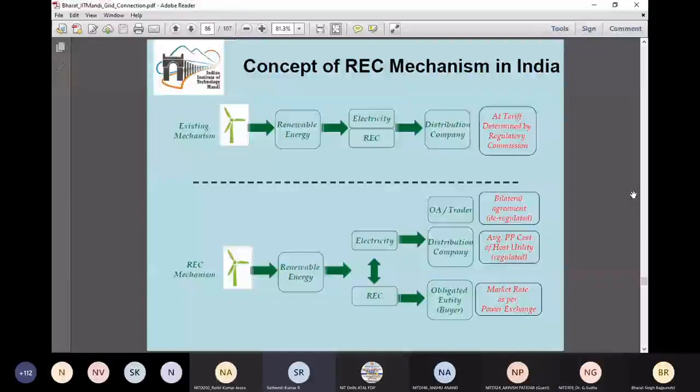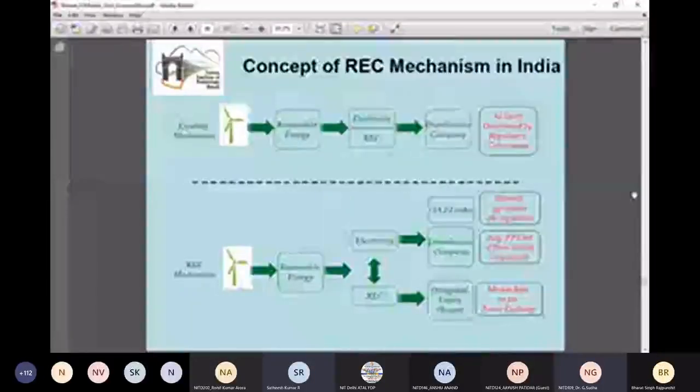Fine. So in the existing mechanism, the person who is generating the RES power is at a loss because he will be getting only whatever tariff the regulatory commission is setting. According to the example, only 2.5 rupees.